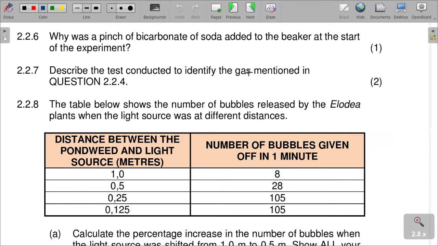Question 2.6 is saying, why was a pinch of bicarbonate soda added to the beaker at the start of the experiment?